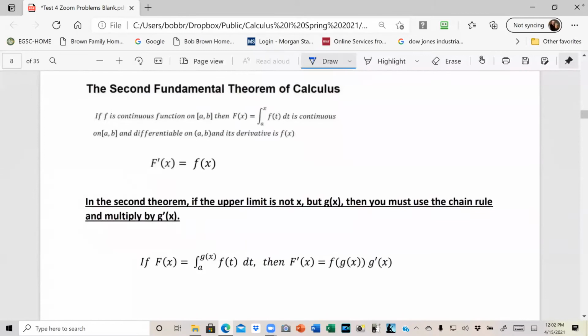Now, let's talk about the second fundamental theorem of calculus. It basically says if you take the derivative of the antiderivative, you'll get back your function.